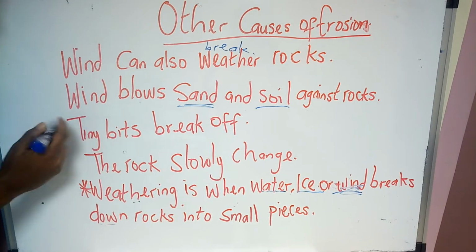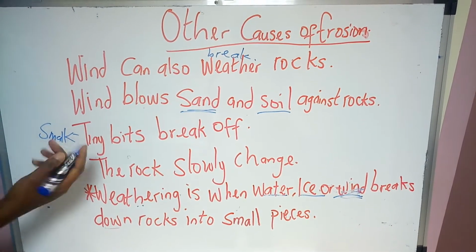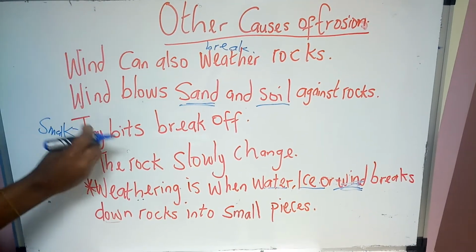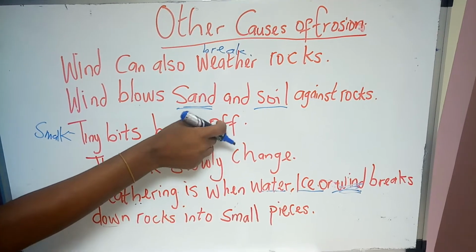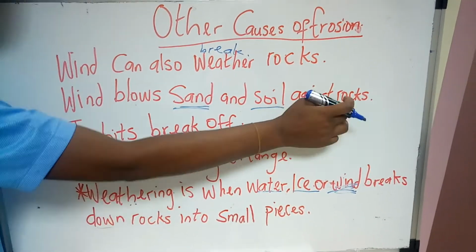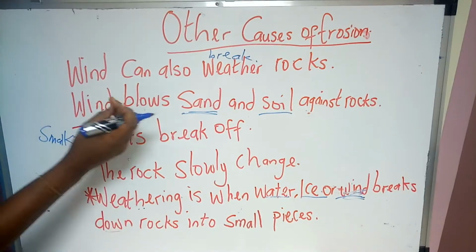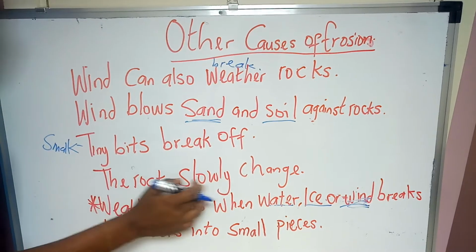Tiny bits break off. Very tiny, very little bits of rock break off. So the rock will break off little by little. Then the rock slowly changes.